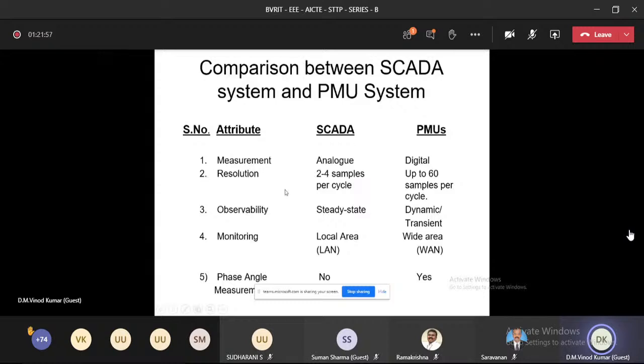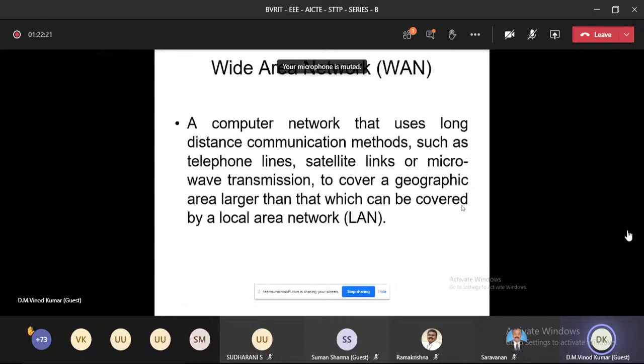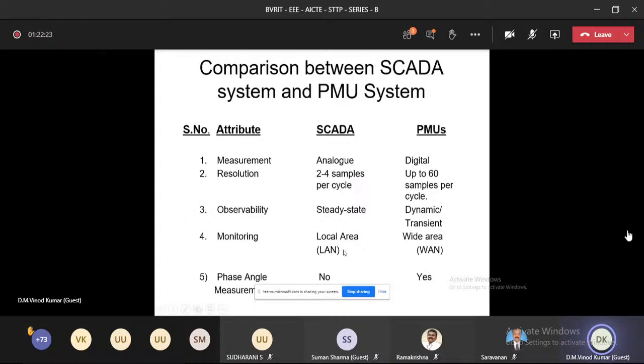In the Indian scenario the frequency is 50 Hz, so in 20 milliseconds with SCADA we can get only 2 to 4 measurements. Whereas with PMU, based upon the hardware, we can get nearly 60 samples as of today, and in future we may get more than that. Then observability: steady state, dynamic and transient. And monitoring: SCADA covers a local, small area, whereas PMU data can be obtained from a wide, large area.